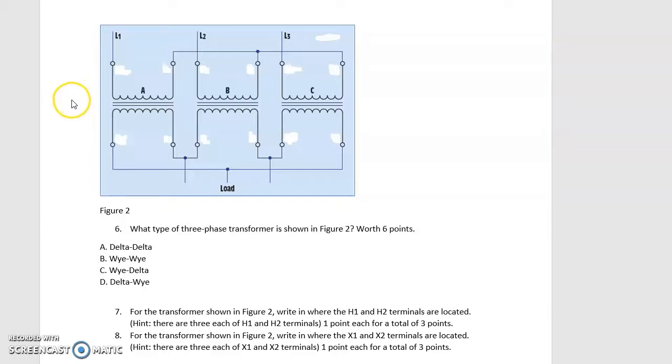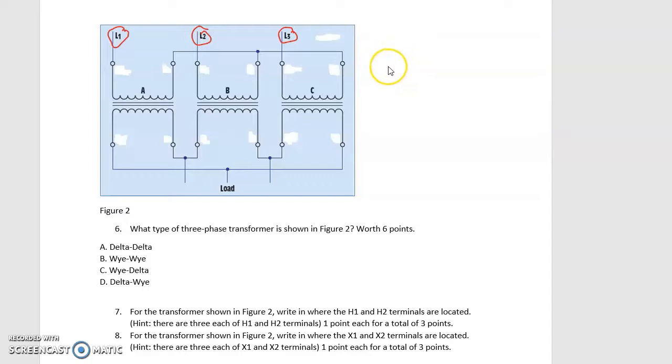Question 6 is asking what type of transformer is shown in this figure. So let's take a look at what we have. On the top coils we have L1, L2, and L3. That's where the input voltage is tied.